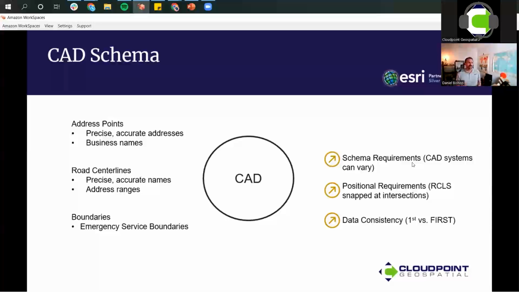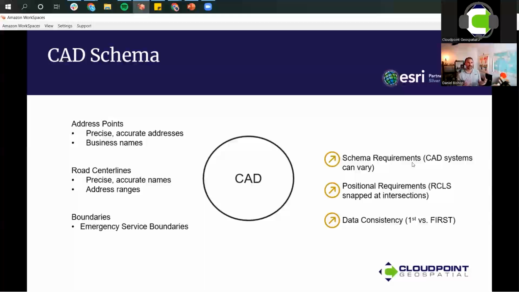CAD schemas. So now we actually have a rule or a template that we have to meet. And the schema requirements now are there. However, like I said before, CAD systems themselves can vary from company to company. Positional requirements, they require road center lines to be snapped at intersections.